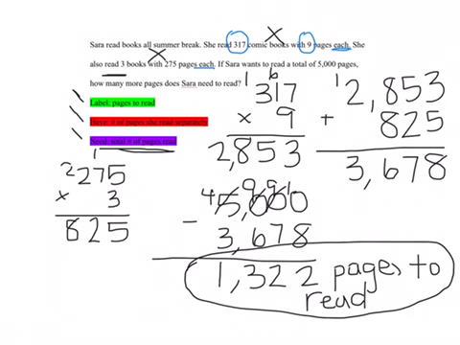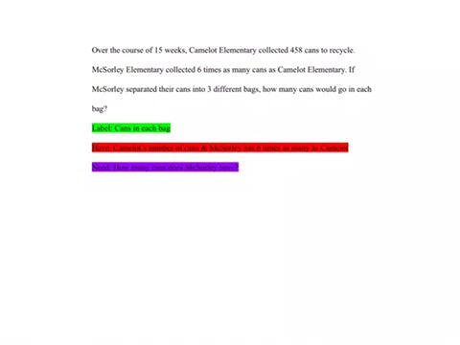Let's go through one more. I'm going to go ahead and circle the important numbers again. Over the course of 15 weeks, remember 15 was not an important number, so I didn't circle it.